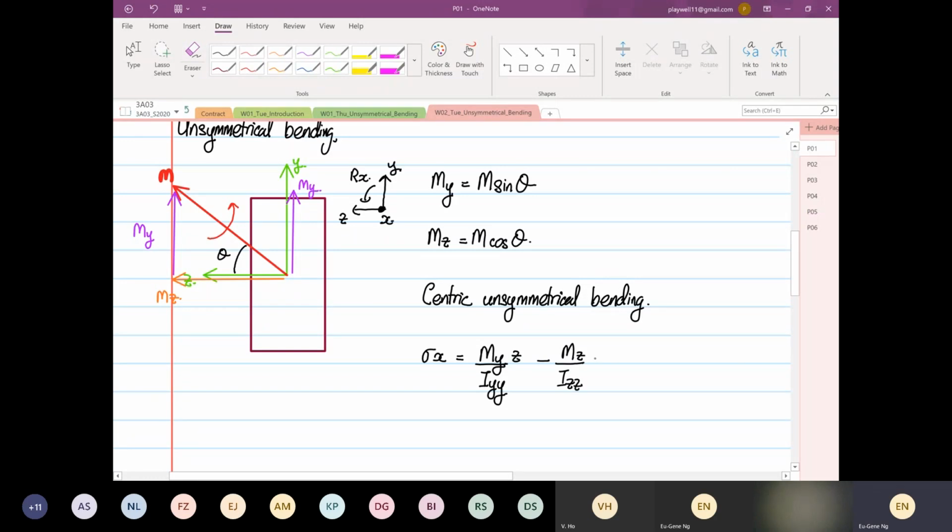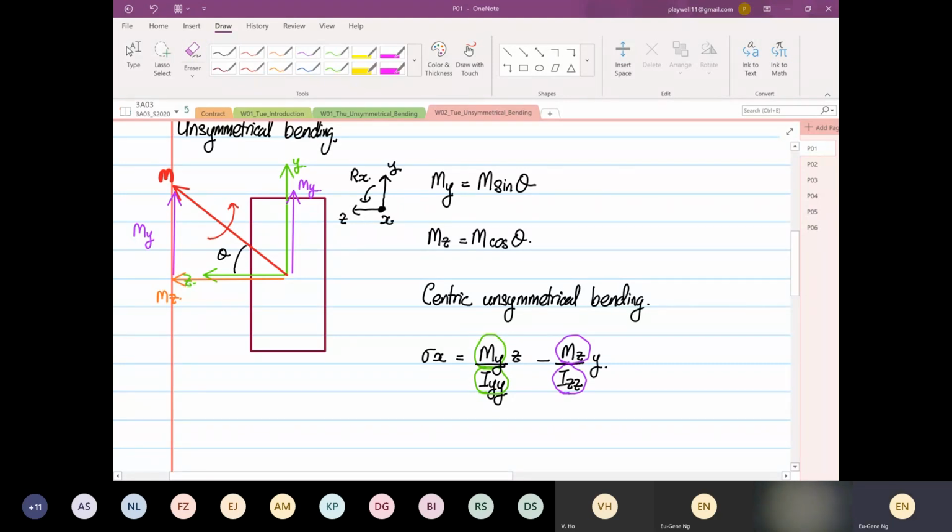Okay. So I'm going to teach you how to remember this formula. Always look at the point where you have moment in Y. The second moment of area, you take about the Y-axis. And when you have moment in Z, the second moment of area corresponds to Izz.